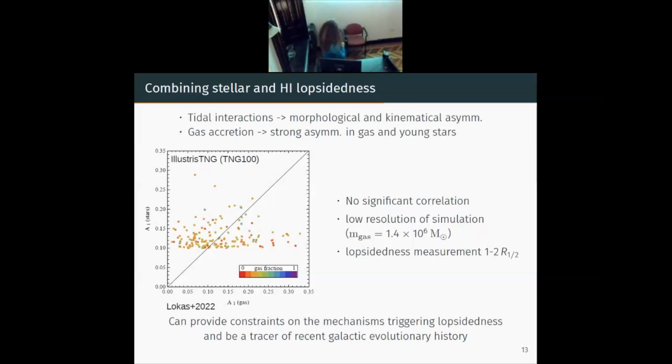In previous work, they used the TNG100 simulations to look at the correlation between stellar and gas lopsidedness, in this case the total gas, but they didn't find any strong correlation. This could be due either to the measurements being restricted to the inner regions, which may affect the lopsidedness measurement, or to the fact that the TNG100 simulations have a bit lower resolution, so it's harder to resolve the outer regions of the disk.